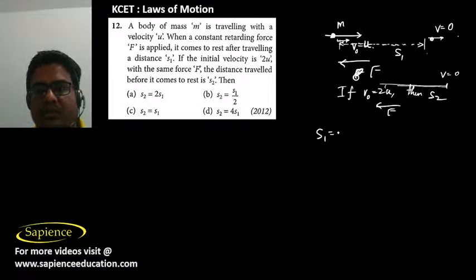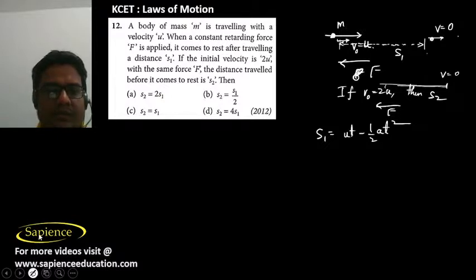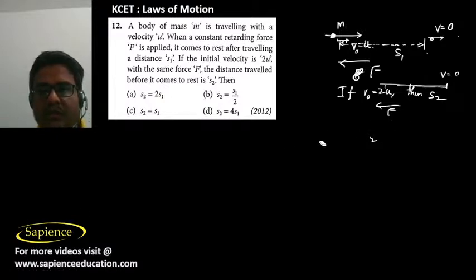So S1 will be equal to ut minus half at square, or we can say, here the time has not been told, so we should not use this equation.